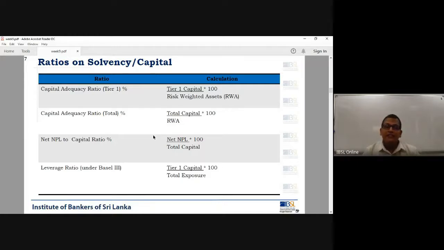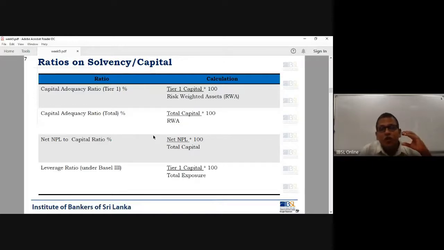And first we are calculating the capital adequacy ratio, the tier 1 ratio. Those who are working in banks and finance companies, especially at the head office in the finance department, may have an idea about tier 1 capital. Others may not have much idea.